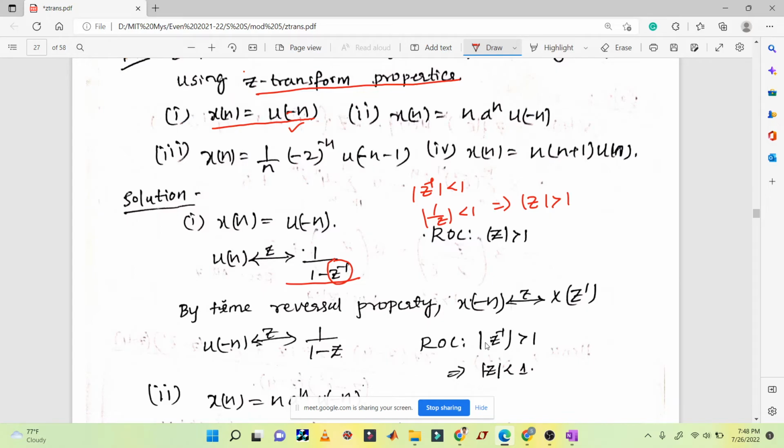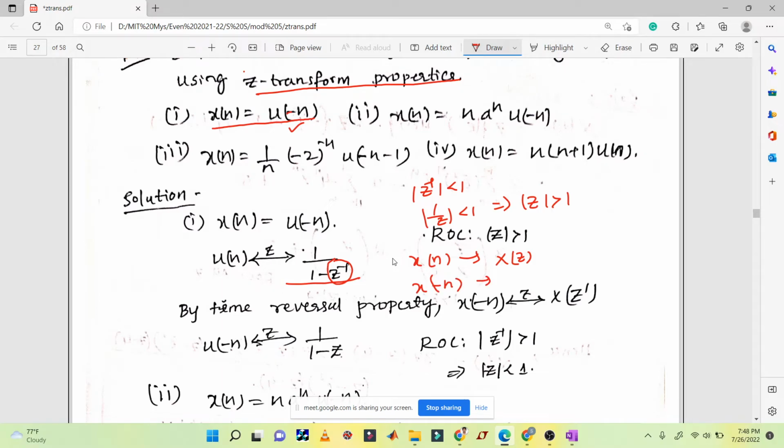Okay, now by the time reversal property, according to time reversal, what is the time reversal property? If x of n gives us x of z, x of minus n gives us x of 1 by z. So wherever z is there, we replace it by 1 by z.